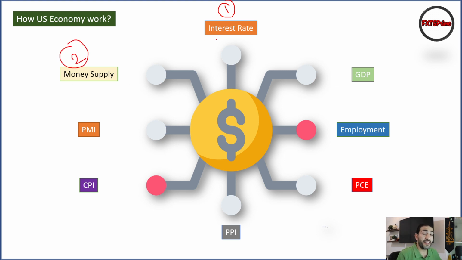When I increase the interest rate, I increase the value of the US dollar. Money supply means when I purchase government bonds, I give the government the money and take bonds instead.